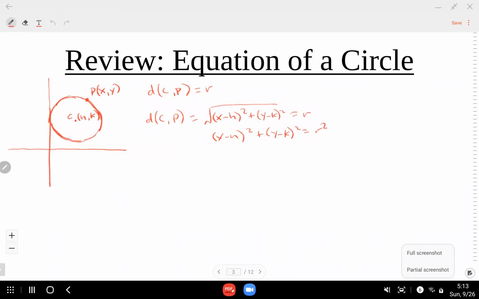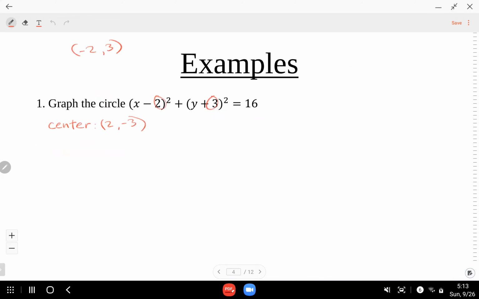If you had a negative number as k, it would be y plus k. So when you see a plus sign here, this indicates that 3 is negative. And if you see a negative sign here, then 2 is positive. Our radius would just be the square root of 16, which equals 4. So now we can graph our circle.